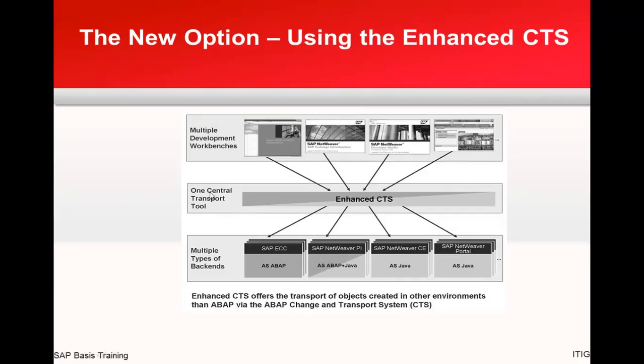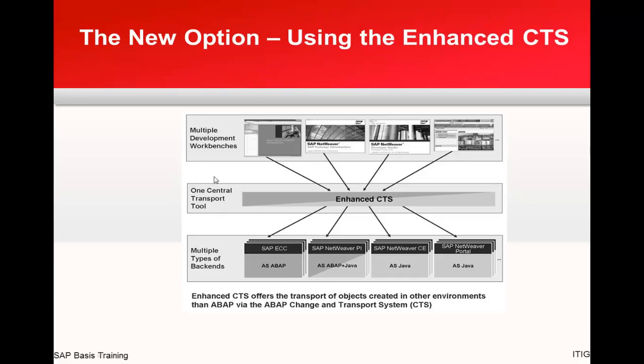Now the new option is through CTS Plus, that is enhanced CTS. Enhanced CTS is called CTS Plus because you can transport the non-ABAP things from this system as well. So enhanced CTS offers the transport of objects created in other environments other than ABAP via the ABAP change and transport system.